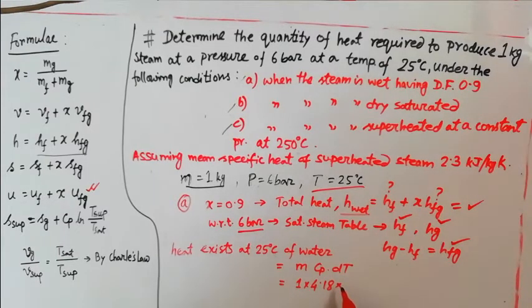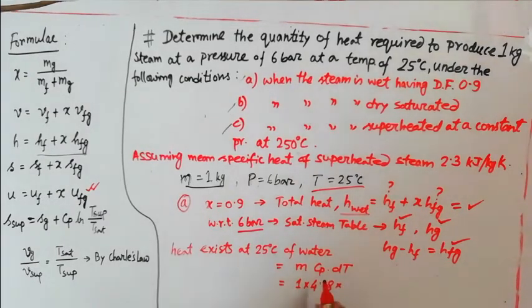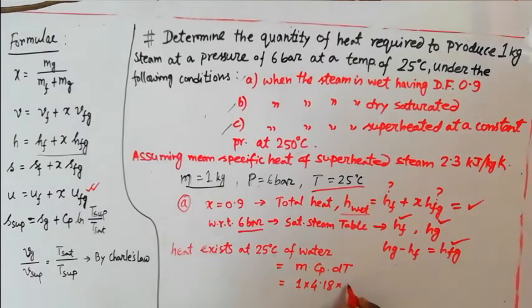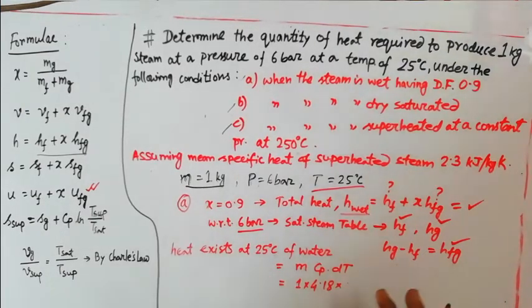And the change of temperature: I am trying to find the heat contained at that particular temperature. So suppose from 0 degree centigrade to 25 degree centigrade the temperature is raised, what amount of heat is existing there? So you have to multiply with 25.